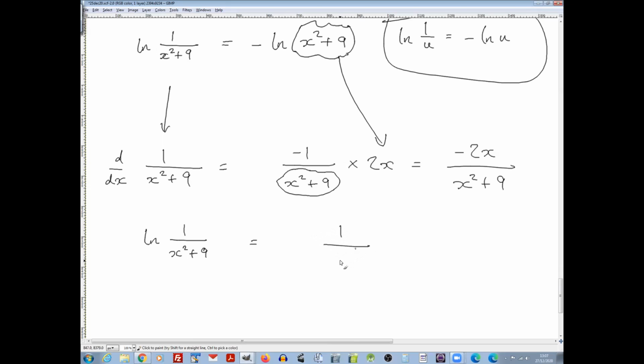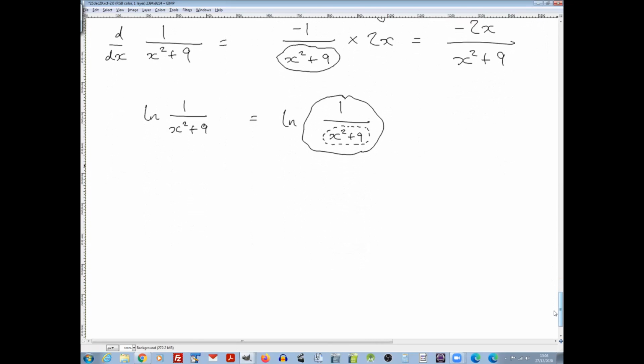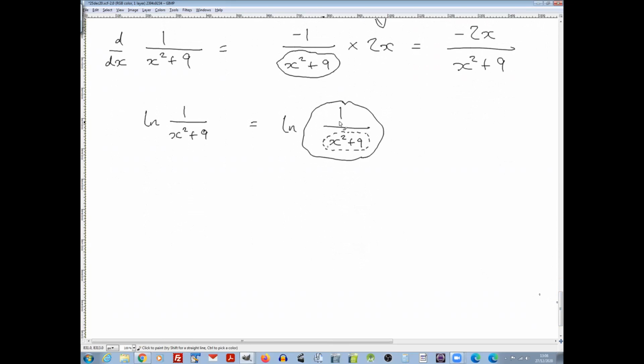And then we'd have a further blob inside, wouldn't we? So the inside blob would be x squared plus 9. So that's inside that, which is inside that. But that's okay. We found that it's okay to deal with several inner functions. They'll just come out in turn.